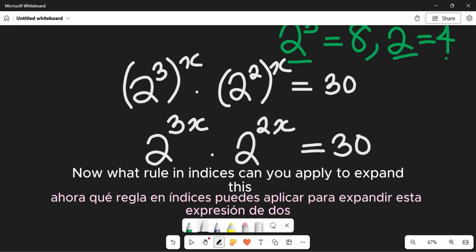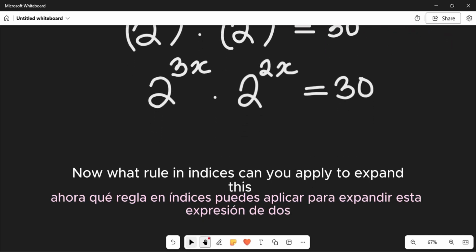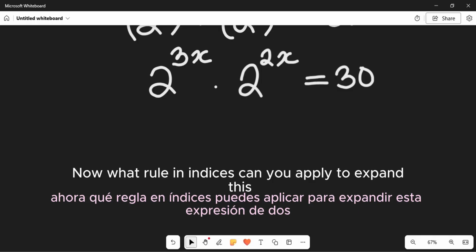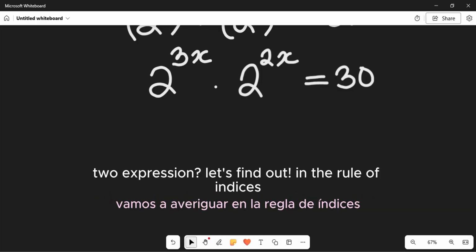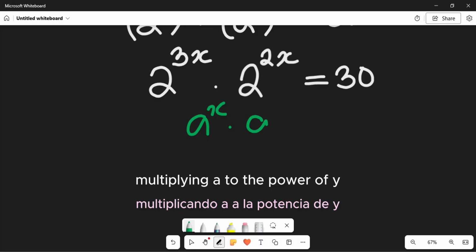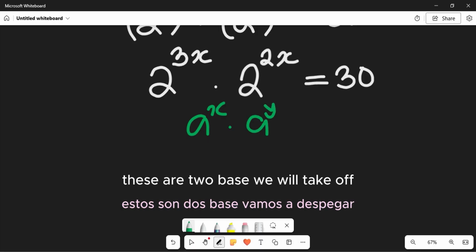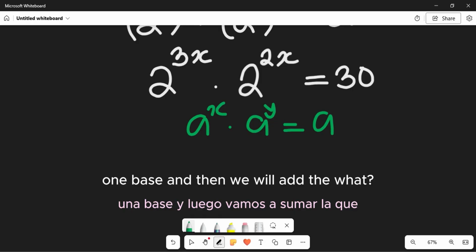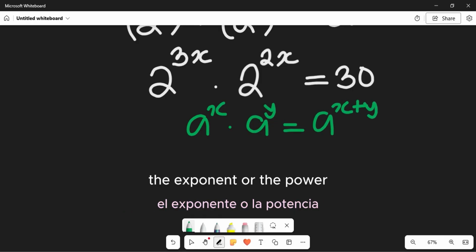Great. Now, what rule in indices can you apply to combine these two expressions? Remember, if you have a^x multiplying a^y, these have the same base. We'll keep one base and then add the exponents, the powers.